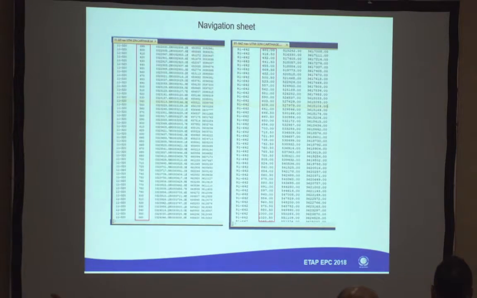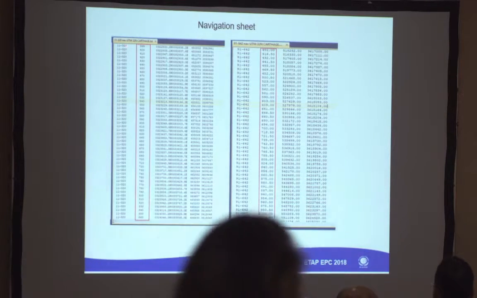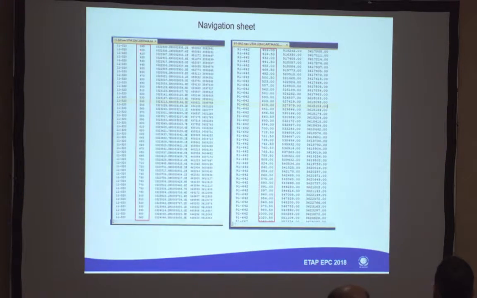Other thing, navigation. If you look here, in line 320, we have a value every 10 stations, which could maybe not be a problem if our line is straight, so we can do a linear interpolation, no problem. If you look at line 401, we have random stations, sometimes 20, sometimes 30, sometimes 15.